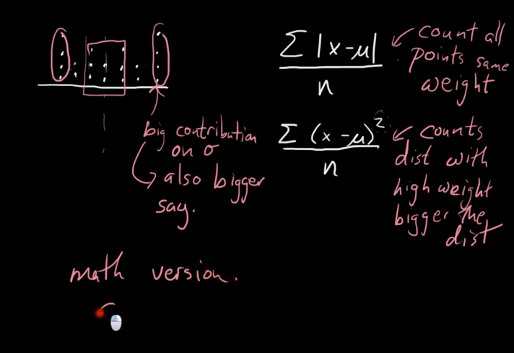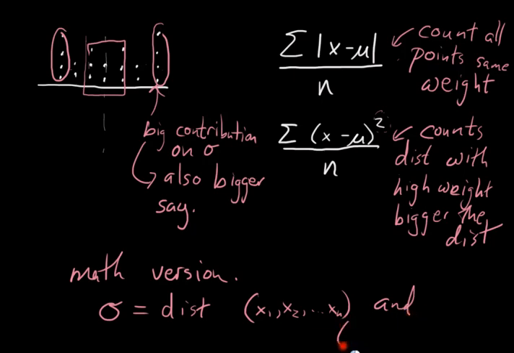But in the math version, the sigma is basically the distance between the distribution we start with and a uniform distribution, viewed as points in Rn.